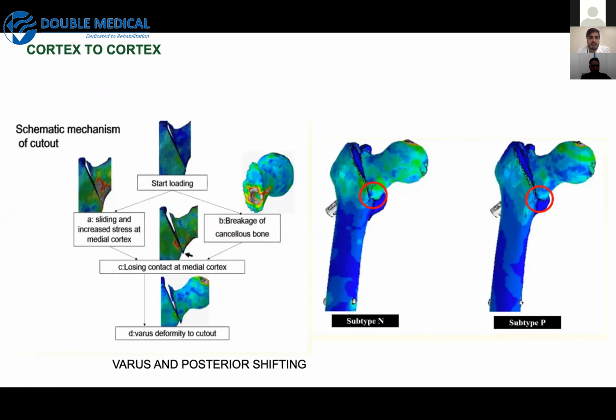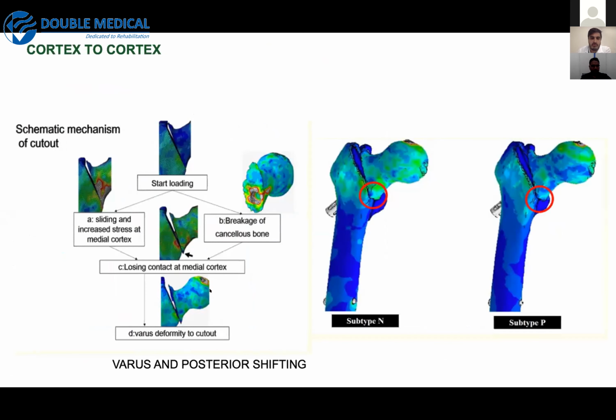Why is that? Because you also need to have cortex to cortex apposition. You can see here head and neck and shaft, and this is the point where you can have good support.